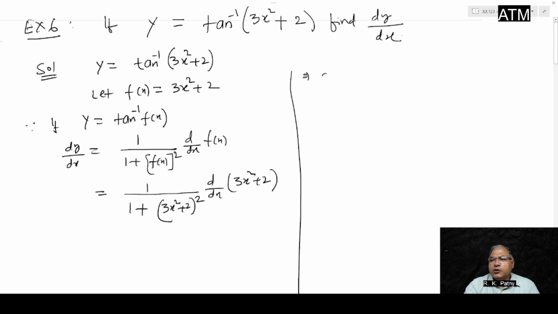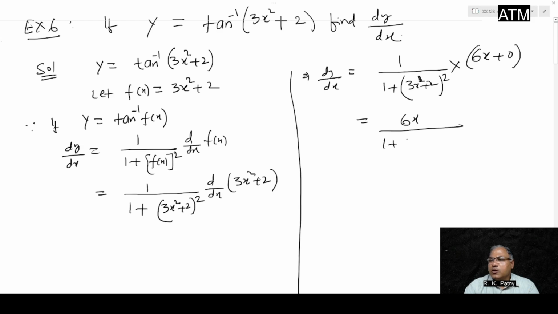So dy by dx equals 1 upon 1 plus 3x square plus 2 whole square, and we don't expand this one, into the derivative of 3x square, which is 6x, and the derivative of 2 is 0. So this equals 6x upon 1 plus 3x square plus 2 whole square. This is the dy by dx answer.